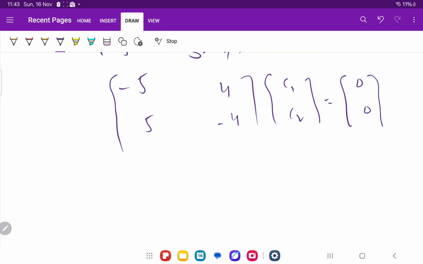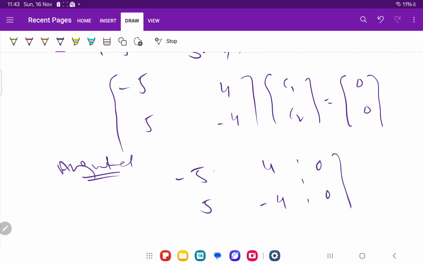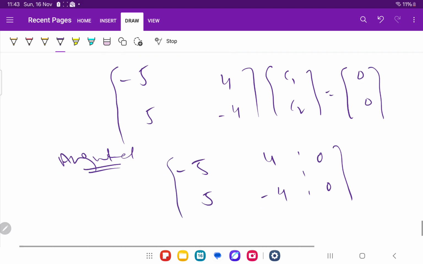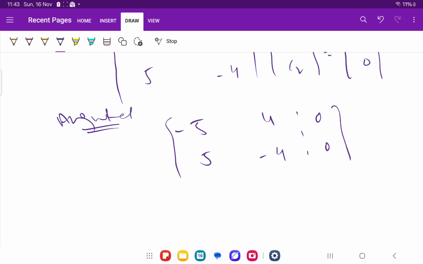Okay? And now we will write the augmented matrix. Minus 5, 4, 5, minus 4, 0, 0. This way. Clear? Now what we have to do?